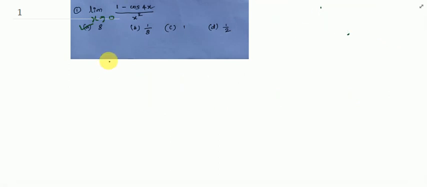So the limit as x tends to 0 of 1 minus cos 4x divided by x square.